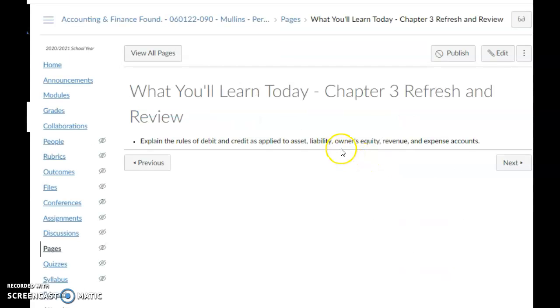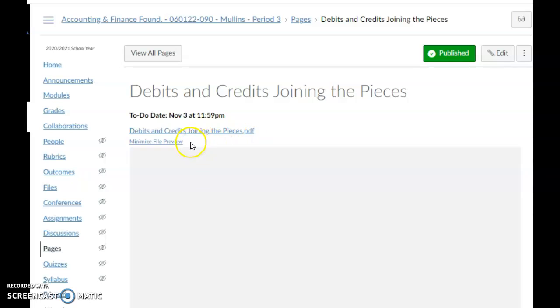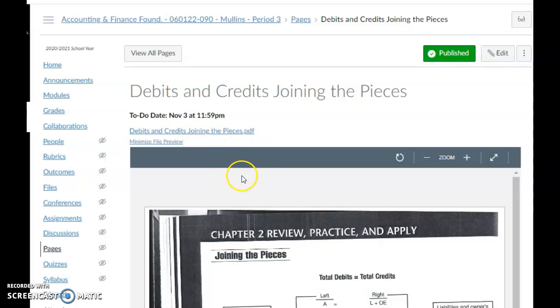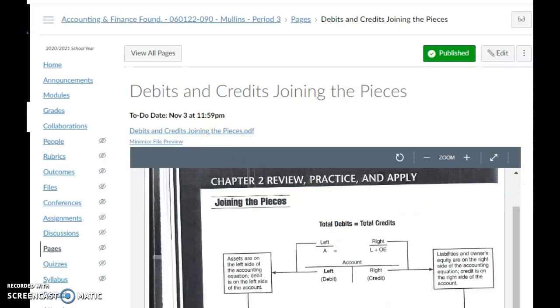In today's assignment, I titled it Refresh and Review. What you're going to learn today, you're going to review the rules of debits and credits as applied to assets, liabilities, owner's equity, revenue, and expense accounts, which is what we just reviewed. And you also have the Joining the Pieces in your module today.